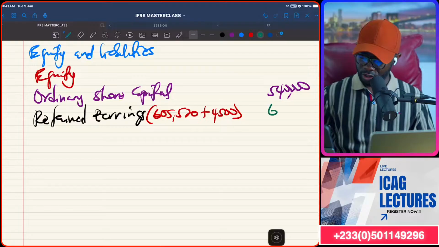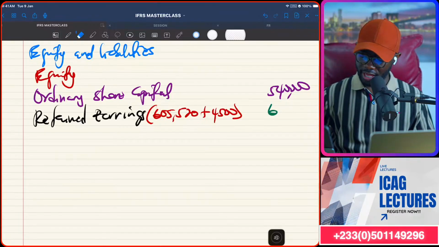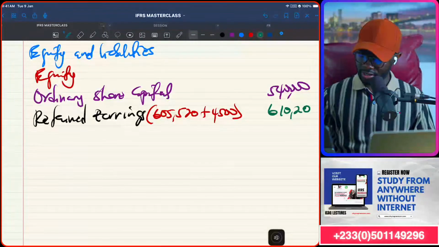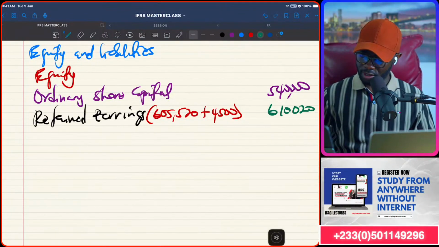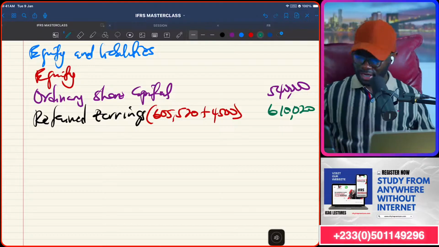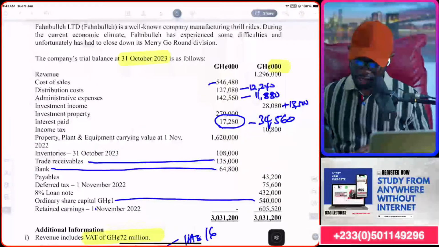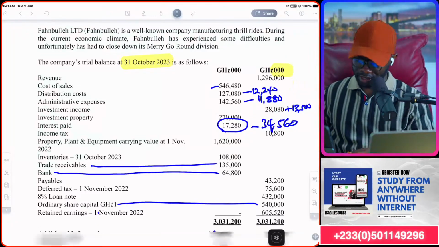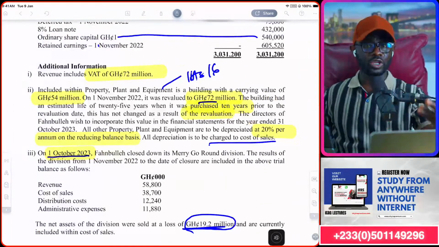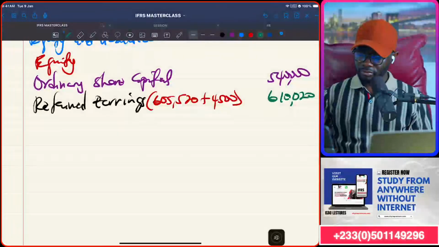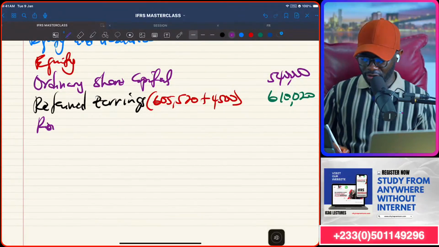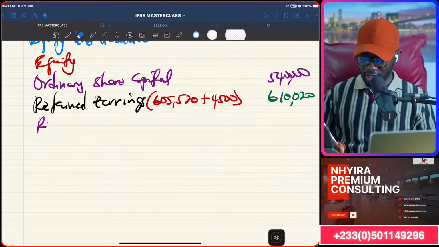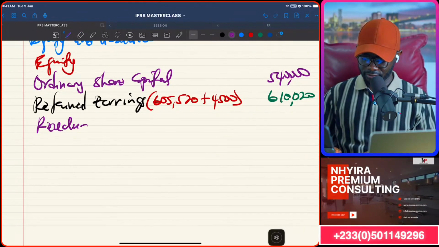No dividend was paid during the year, because if they've paid any dividend, it would have also been deducted from the retained earnings. But in the trial balance, we've gone through all the items. No dividend was paid. They didn't also issue any shares. Then we bring in the revaluation surplus from the workings that we brought in the OCI.